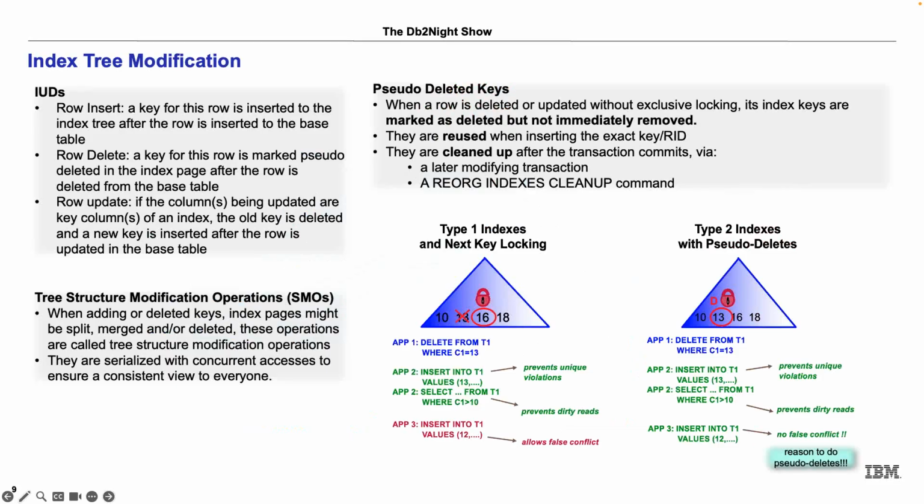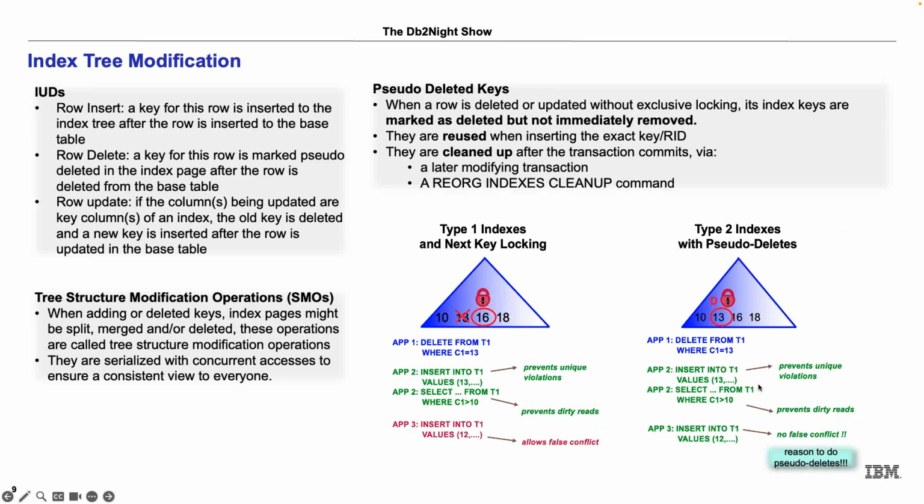All right. So on this part, there's a type 1 index and type 2 index comparison. So this will show us why we use pseudo deleted keys. So with type 1, we'll have false lock conflicts if we are not locking the relevant key.